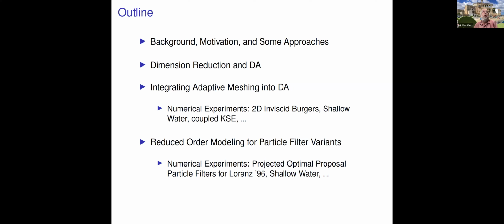Then I'm going to have two parts. One is integrating adaptive meshing into DA, and the other is reduced order modeling for variance of particle filters. For both of these, I'll try to show some numerical experiments to show the utility of some of the methods we've developed.